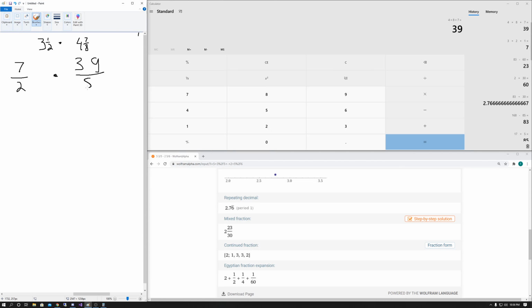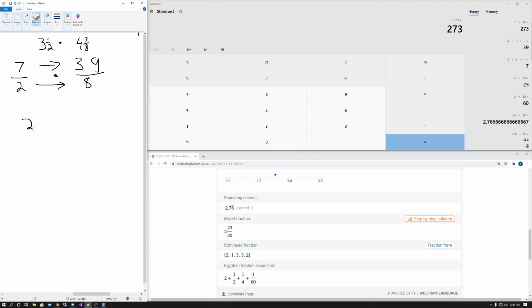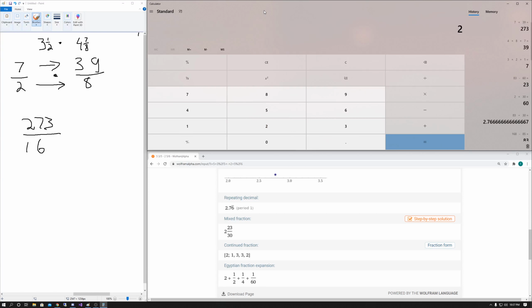Bring down the original denominator, 8. Now we can just multiply across straight lines. Alright, so 7 times 39 gives us 273. And 2 times 8 equals 16. Right? Just to show you, 2 times 8 is indeed 16.